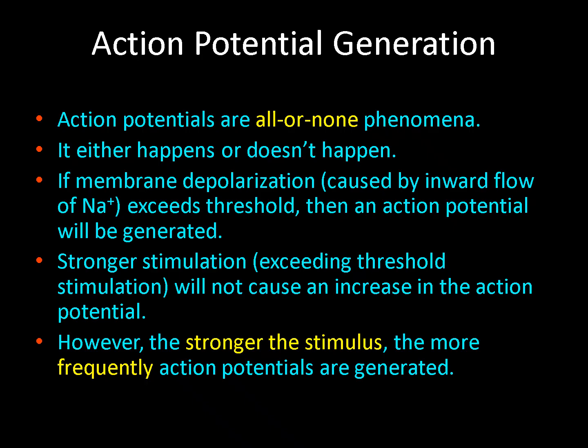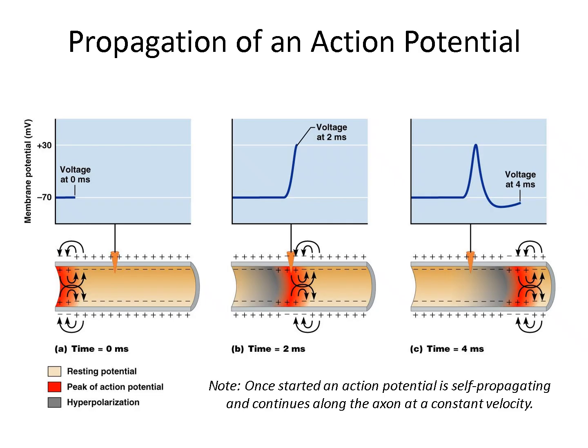However, a stronger stimulus will cause more frequent action potentials, increasing the rate at which impulses are fired, not their individual strength. This frequency coding allows neurons to signal how intense a stimulus is without changing the amplitude of the action potential itself. Once an action potential is initiated, it propagates or travels along the length of the axon.